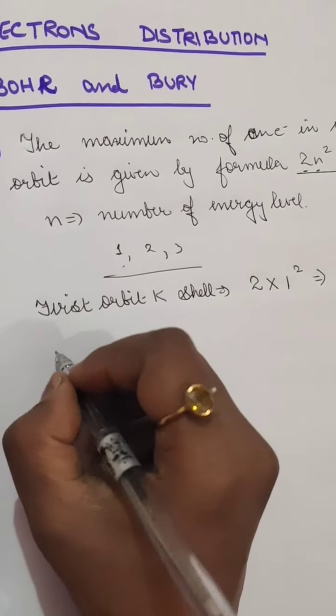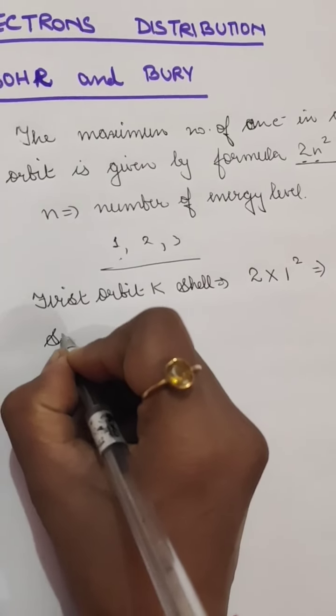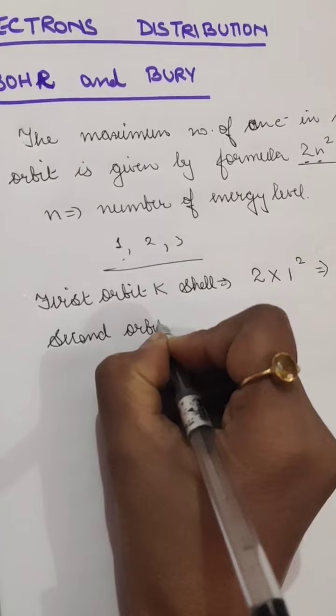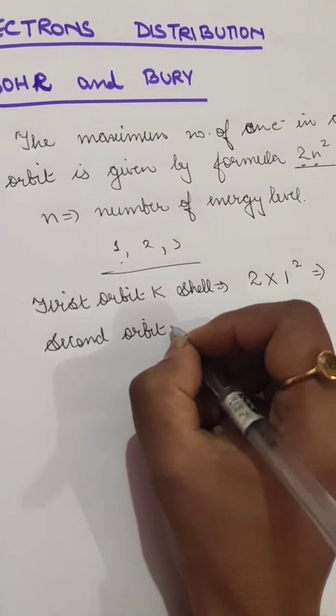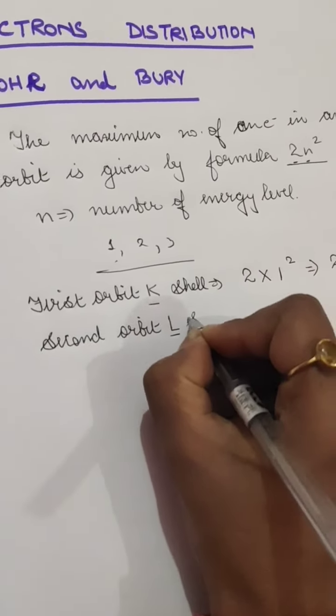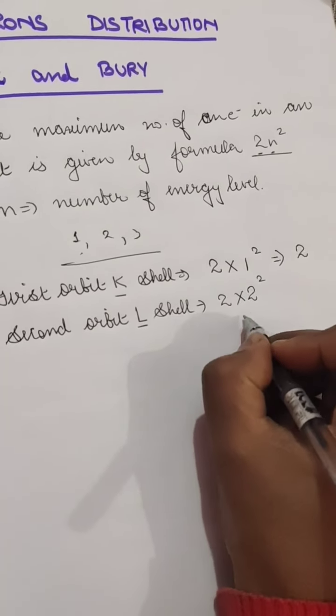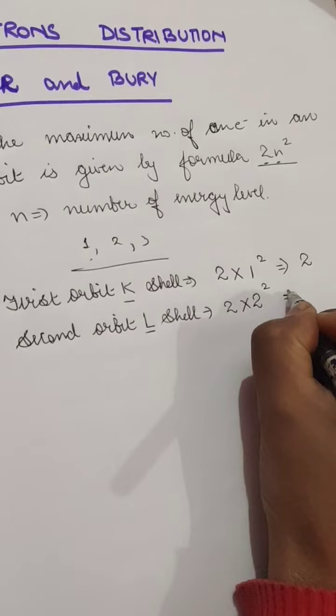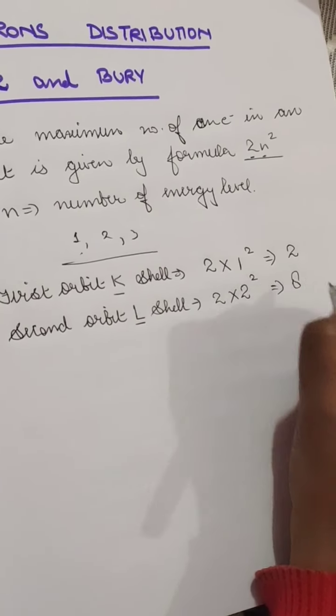The second orbit, which is the L shell, has 2 into 2 square, because n is the number of the energy level. That means it is 8.